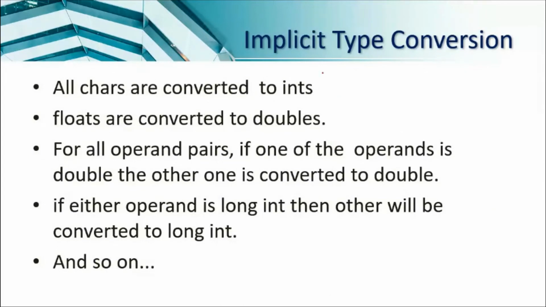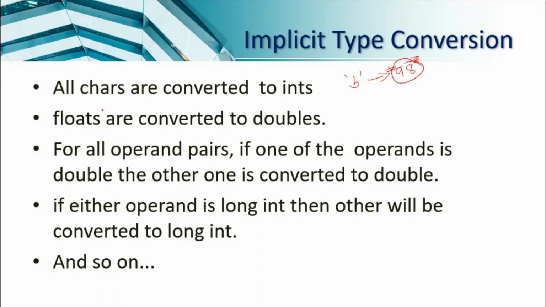In implicit type conversion, all characters are converted to the corresponding ASCII code. Say we have the character B; it will be converted to its ASCII code, which is 98. So the character B will be converted to integer 98.